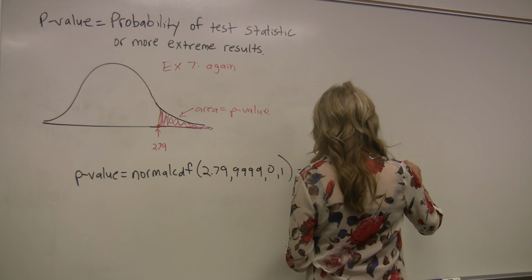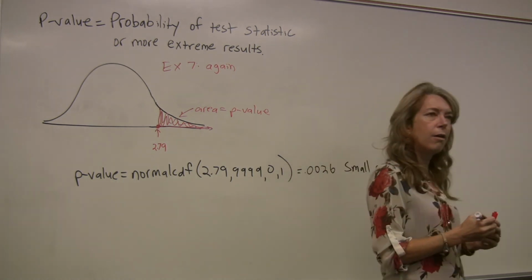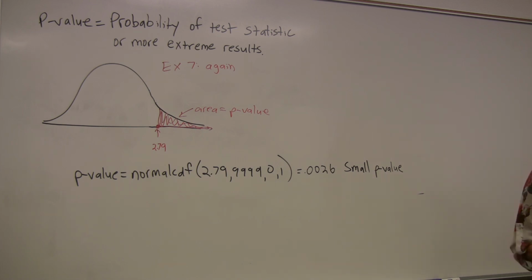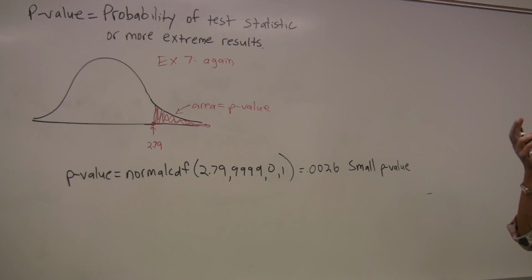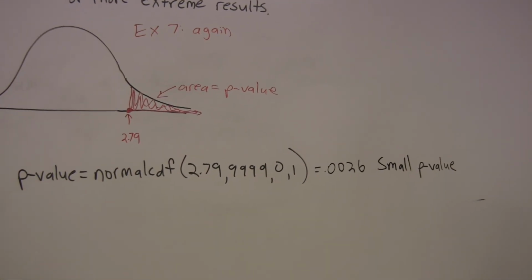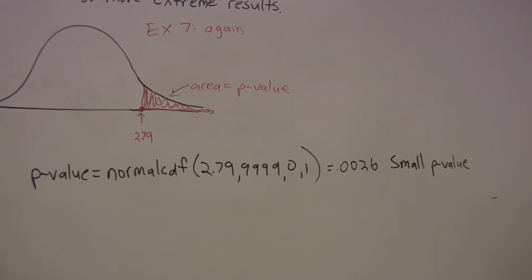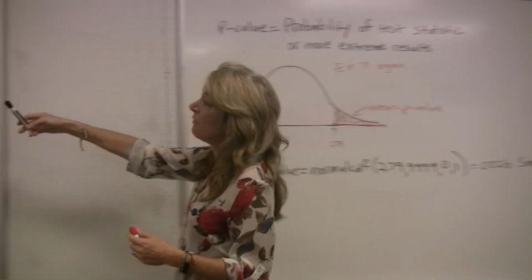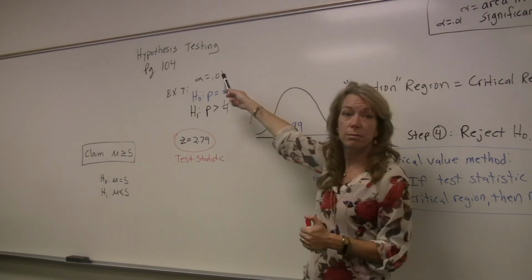What's our definition of small? She quietly says 0.01. She's totally right. Up till today, small was anything smaller than 0.05. Today, it's your significance level, which is 0.01 in this problem.